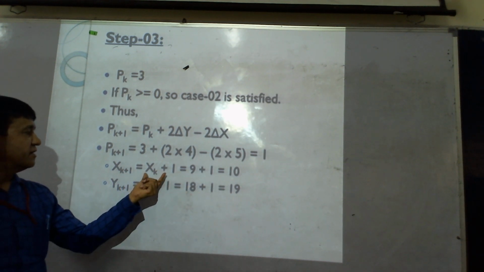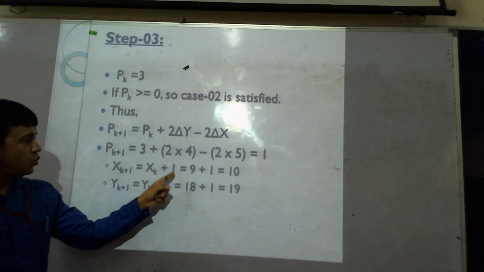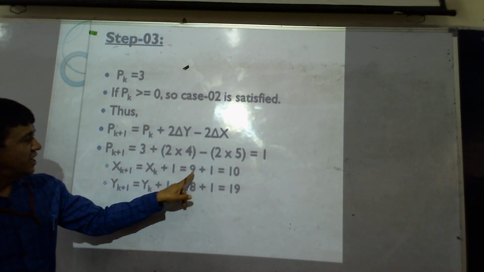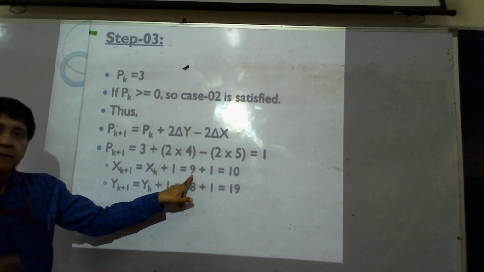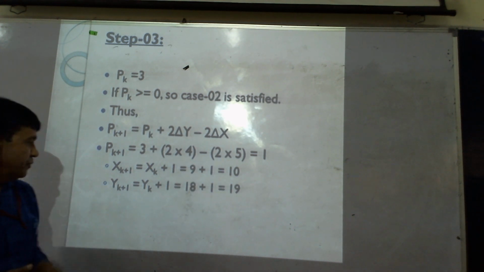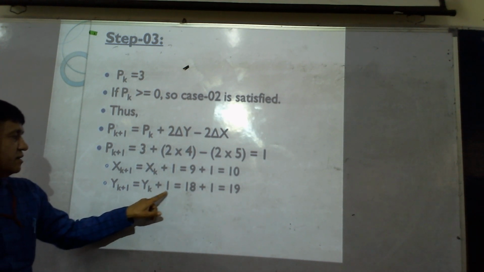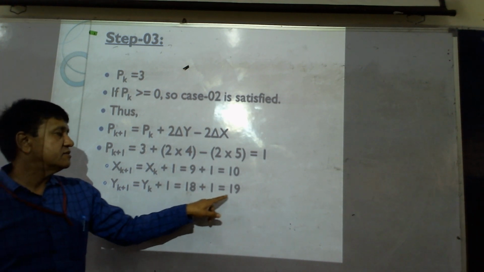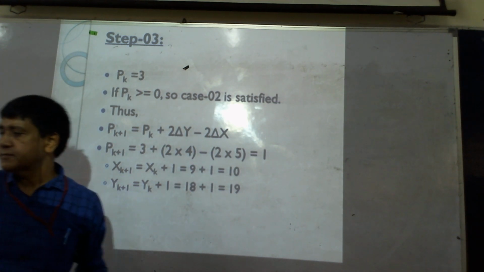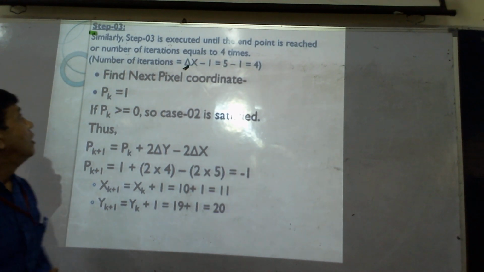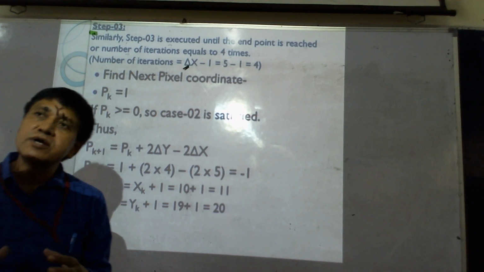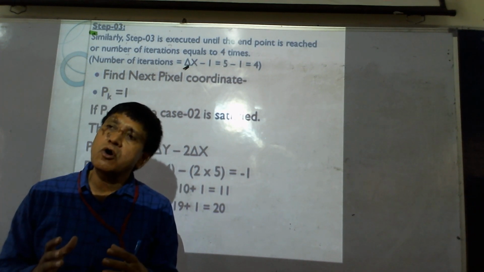By applying the equation, xk plus 1 is 9 plus 1, which is 10, and yk plus 1 equals 18 plus 1, which is 19. These 9 and 18 are already given to us. Similarly, we have now calculated one intermediate coordinate.